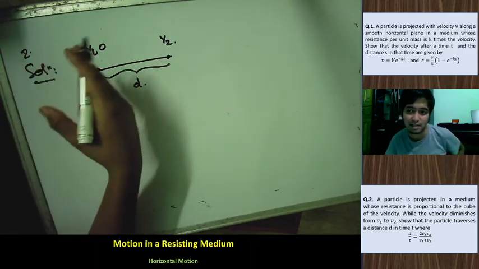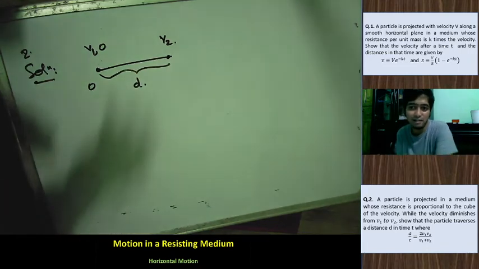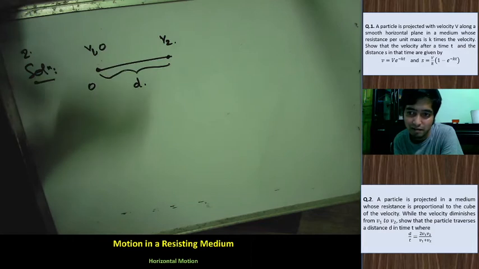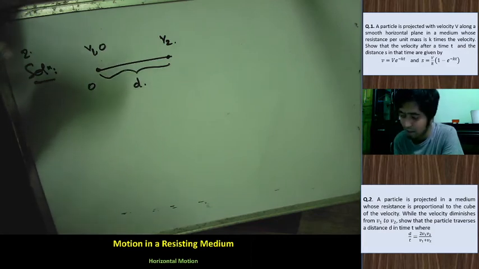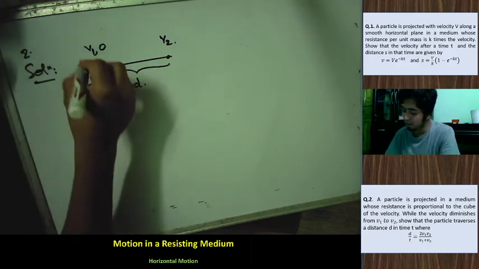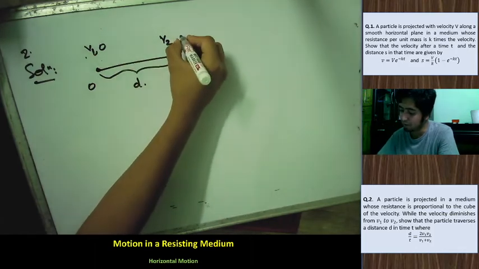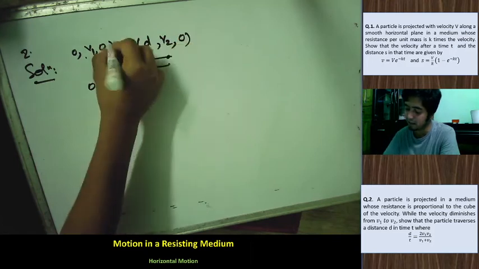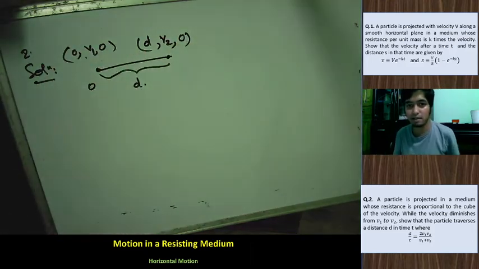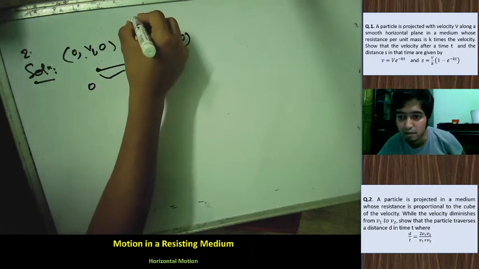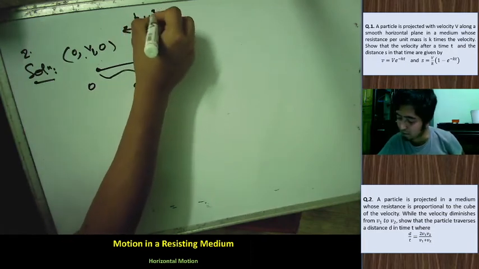That is the beauty of integration, because we will be doing integration afterwards. You can just take 2 points, and that will be sufficient for us to get the limits. So the velocity goes from v1 to v2, the distance is 0 to d. These are the coordinates. The resistive force is proportional to the cube of the velocity, k v cube.